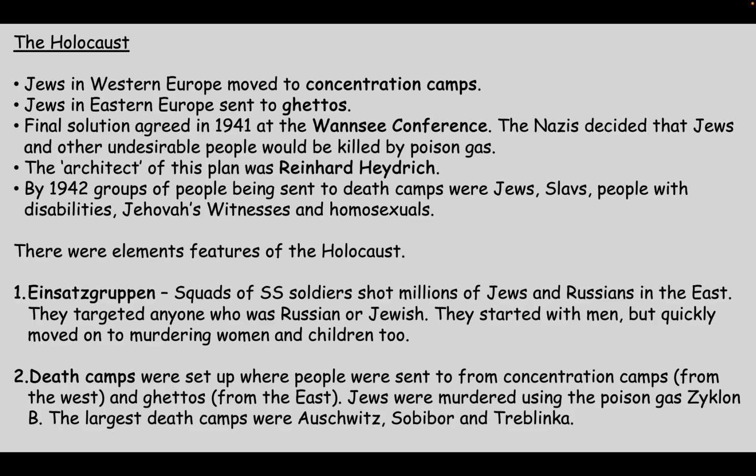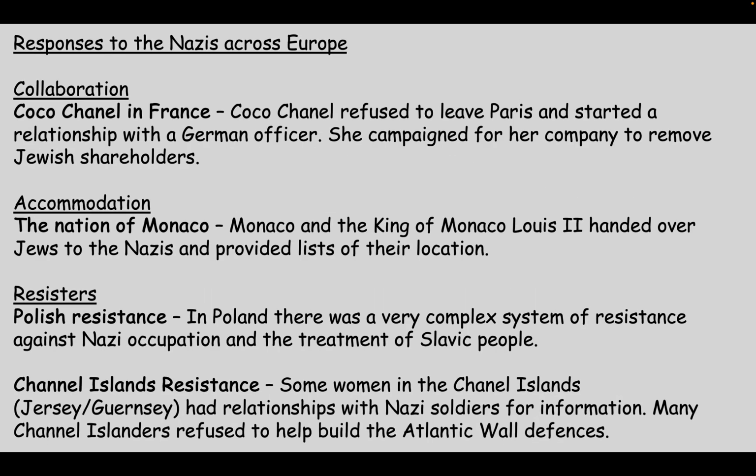Death camps were used for death. And so these death camps, such as Auschwitz, Sobibor, Treblinka, Majdanek as well is an example, they were set up with the sole purpose of murdering people, using a poison gas called Zyklon B. So the Holocaust is made up of those two elements, the Einsatzgruppen and the death camps.